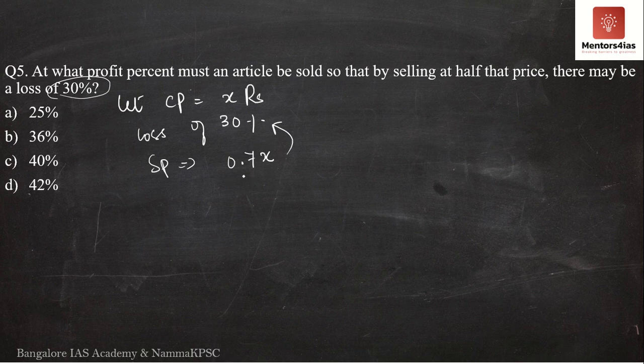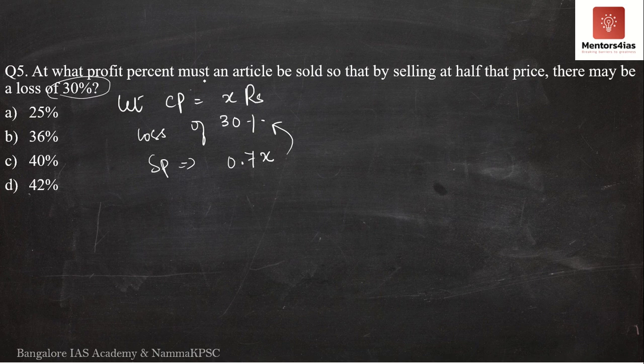But what is this selling price? This selling price is nothing but half of that selling price which would have made a profit. So we have to determine that profit percentage.